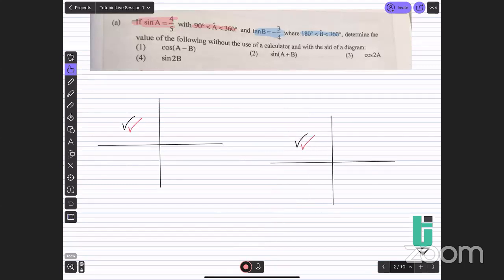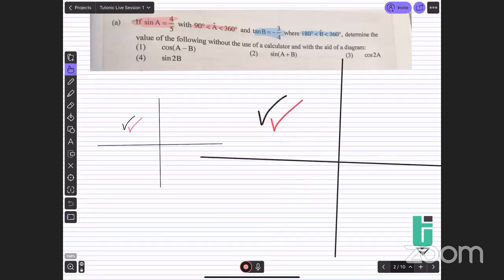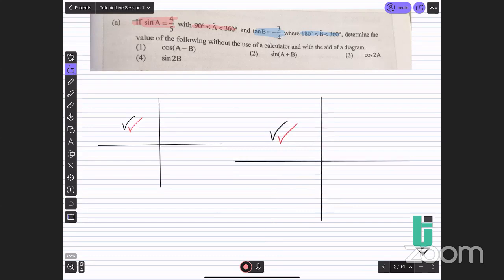Oh wait, it's between 180 and 360, so it's in the third and the fourth quadrant. But tan is negative in the third quadrant. In the fourth quadrant. Fourth or third? So it says tan is negative, right? In which quadrants is tan negative? In the second and fourth. There we go.